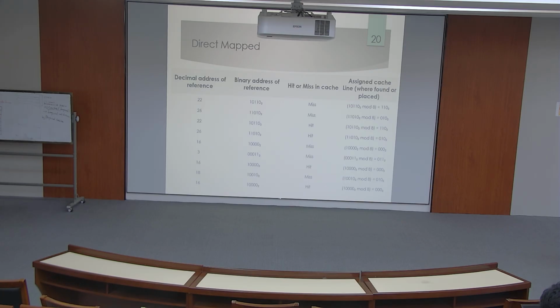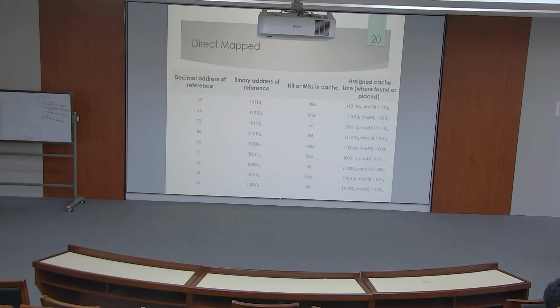Next block is number 18, plus 5, 18. Class 5, number 18. The block number 18 will be loaded in which cache line? 2.